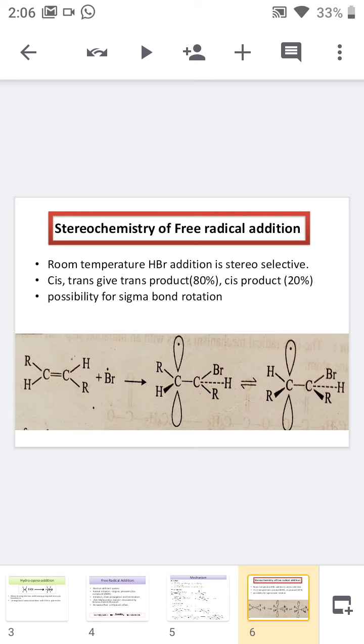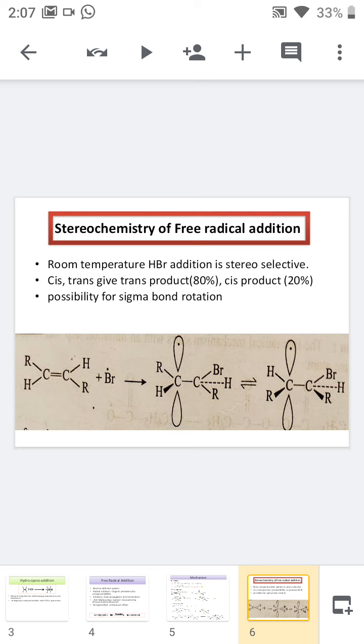So that's why we will get both the trans and the cis product. We will get 80% of the trans product, and in the cis product we will get 20%. Since each isomer will produce two products, it is known as a stereoselective reaction.